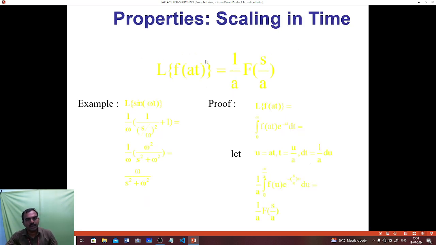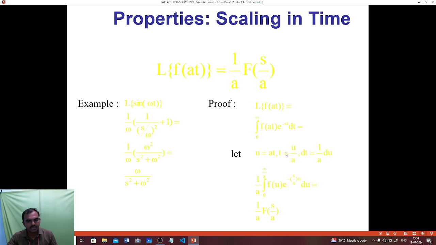Next, the properties: scaling in time. L of f of at. This is the formula: 1 by a, F of s by a. So proof: L of f of at equals the integration from 0 to infinity of f of at e power minus st dt. Here we apply a substitution. Let u equal to at, and what is the t value? Cross multiply a, so t is u by a.